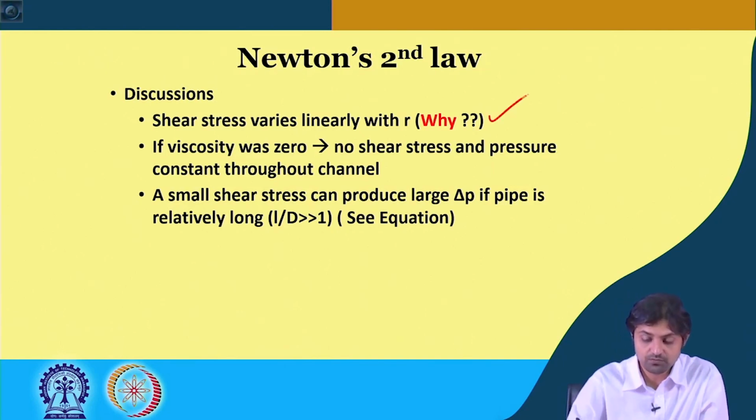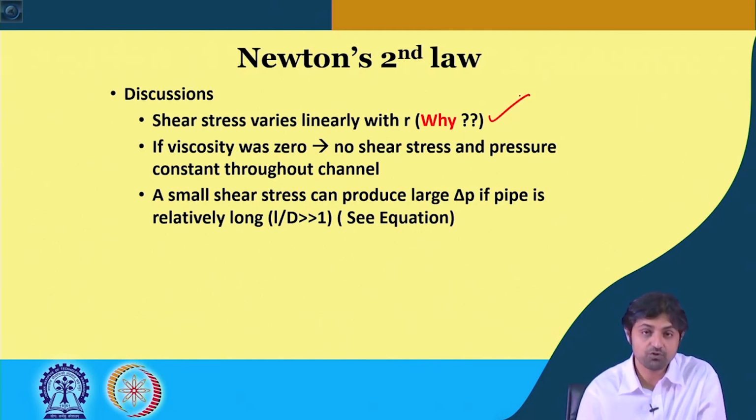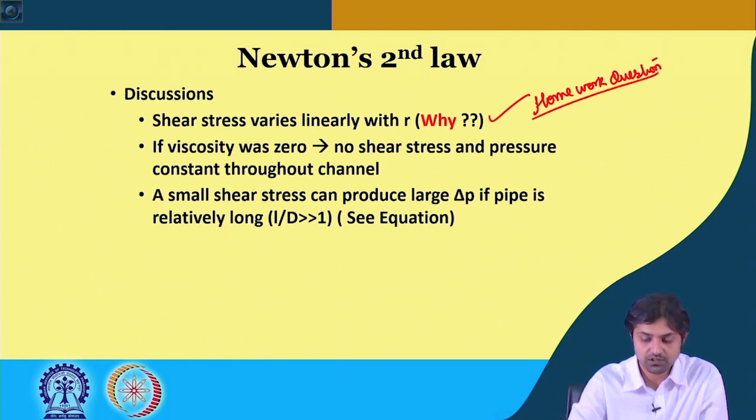This you have to know, why shear stress varies linearly with r. Of course, we have done the derivation, but you try to find out. So take it as a homework question. All right.